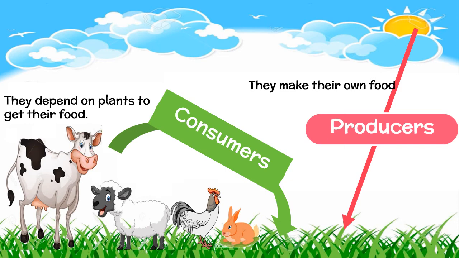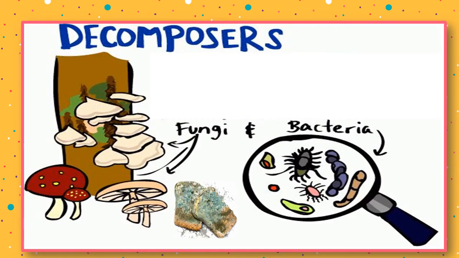Number 1, producers, which are living organisms that can make their own food as plants. Number 2, consumers, which are living organisms that depend on plants to get their food as animals and humans.